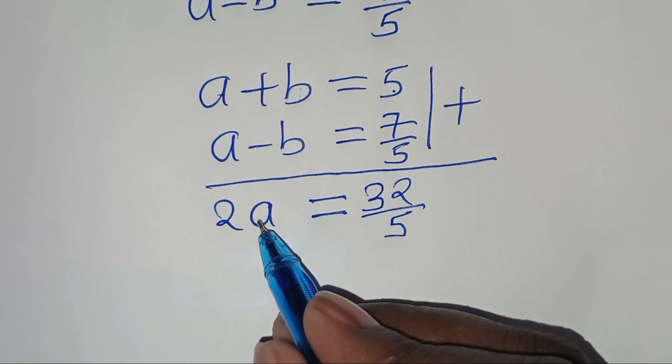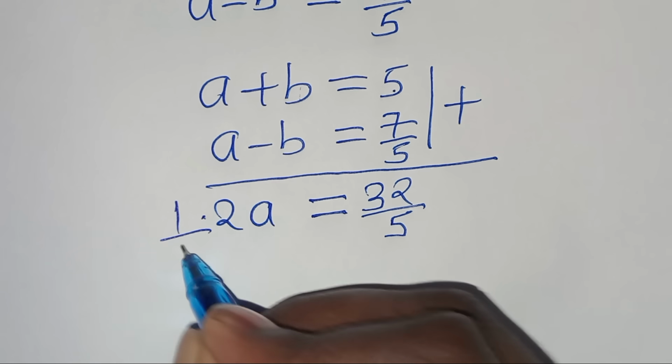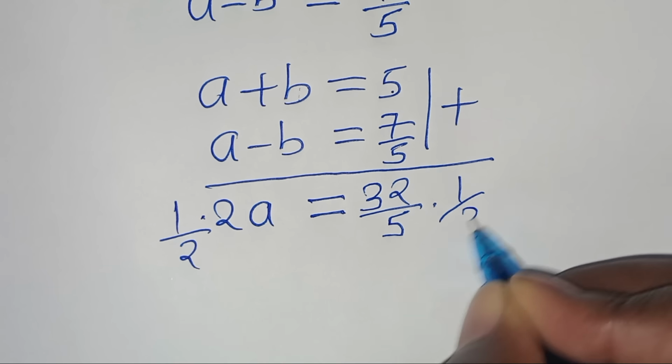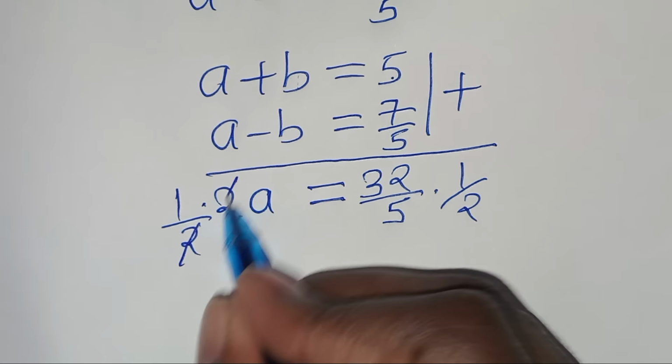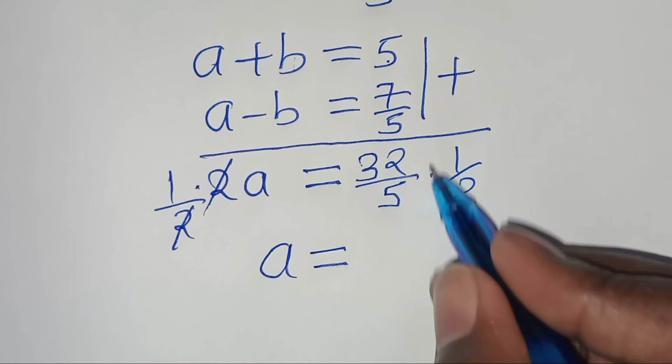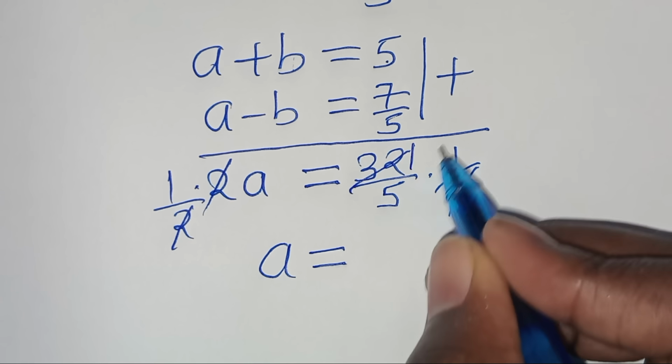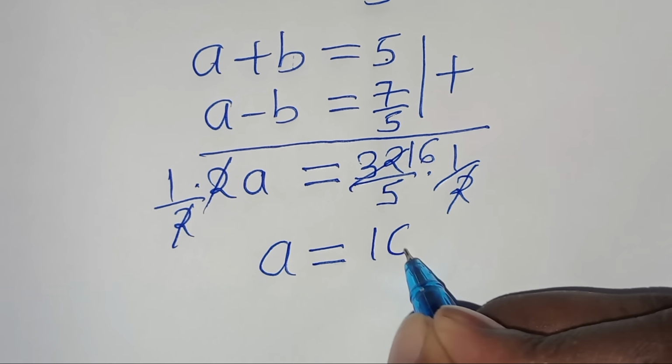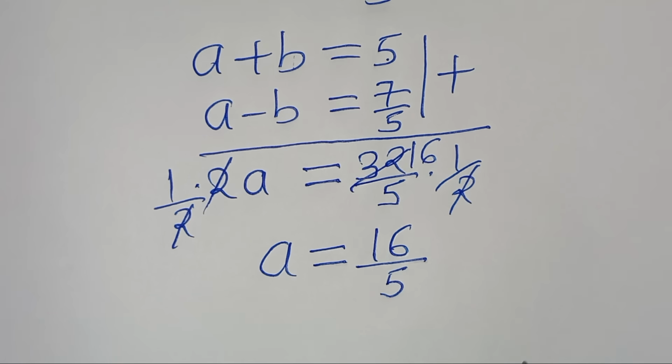Now to solve for a here, let's multiply by a half on both sides, so that the 2 and 2 simplify. So we have that a is equal to 32 divided by 2, which is 16, so we have 16 over 5.